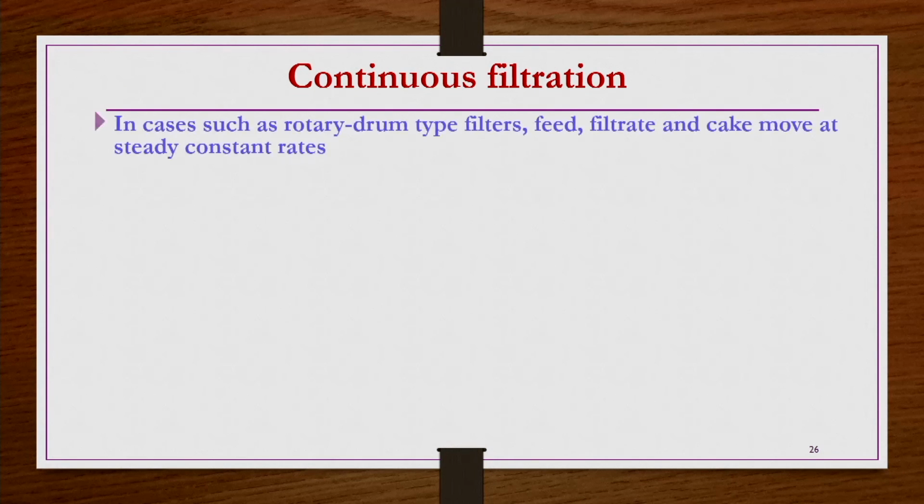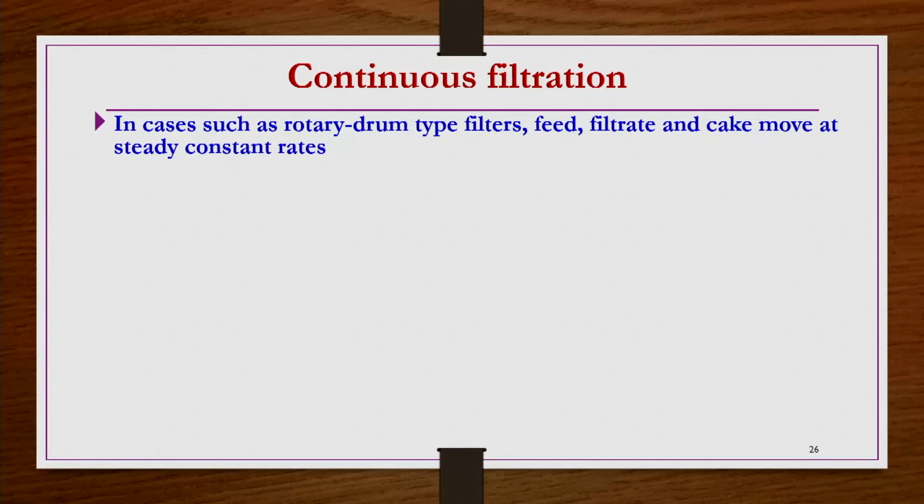Constant pressure filtration but continuous process. Continuous filtration is used in cases such as rotary drum type filters. There are different types of industrial filter equipment, and some of them we are going to see in the next lecture. One type is the rotary drum type filter, where the feed, filtrate and cake move at steady constant rates.